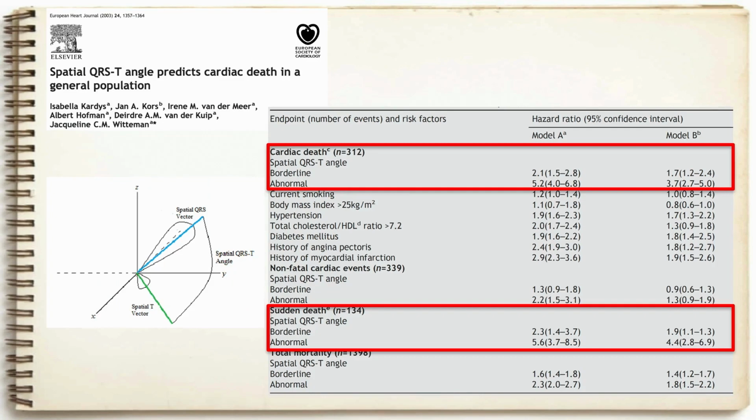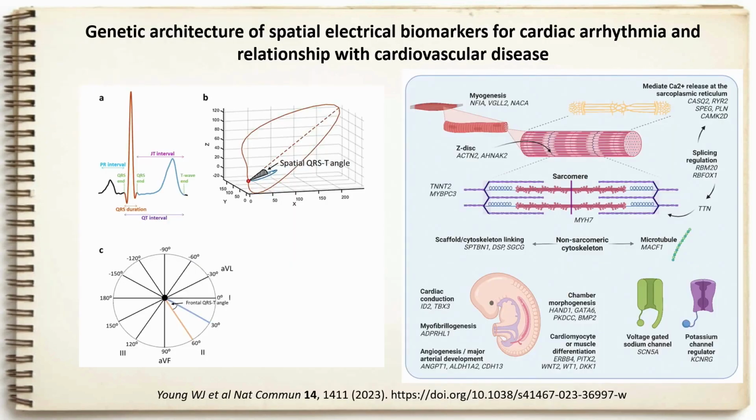Spatial QRST angle is an interesting parameter which was described quite a long time ago. And it's especially interesting to see that an abnormal QRST angle is linked to an almost 5 times higher probability of risk of dying suddenly. Nevertheless, we do not use this parameter in real life.